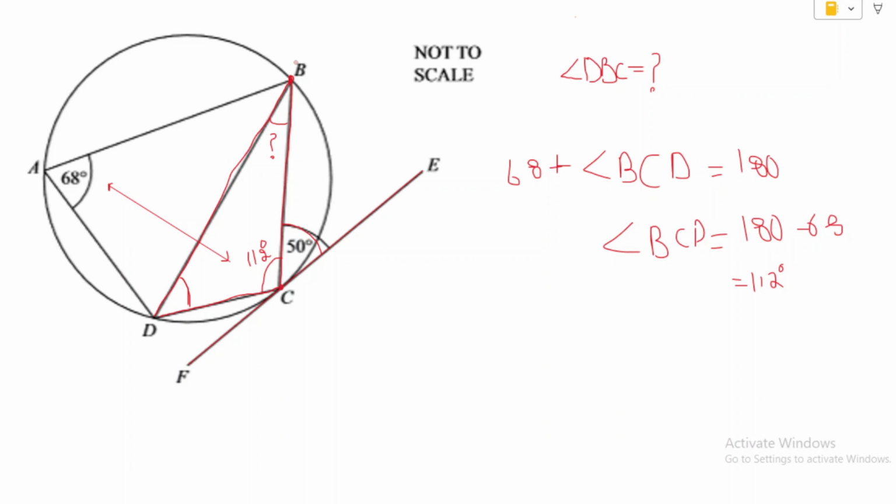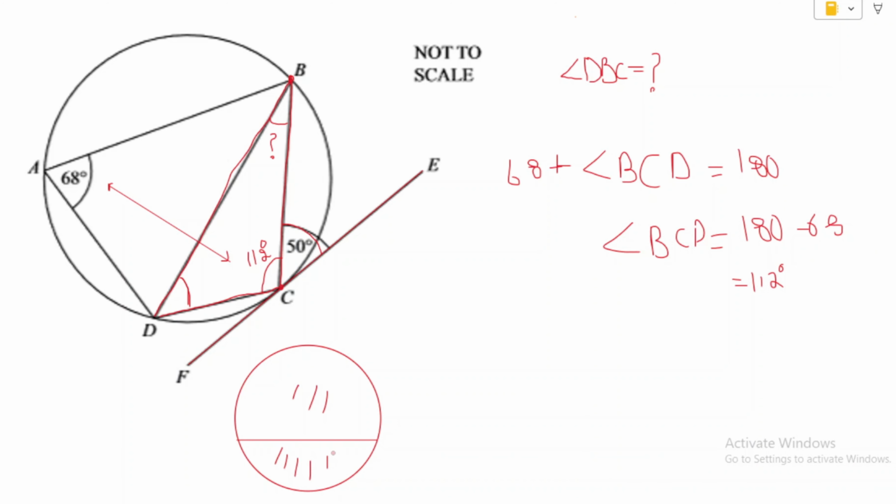Now we're going to use the tangent-chord theorem, or the alternate segment theorem, which says, if you have an angle between a chord and a tangent on one side, then... First, what is a segment? Every time you have a circle and you draw a chord in the circle, the chord divides the circle into two parts.